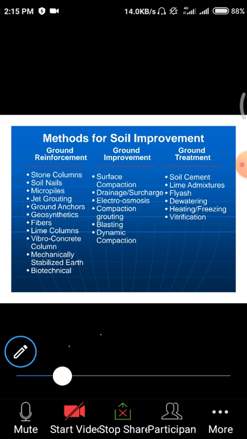Next one is jet grouting. This grouting terminology is also faced in concrete technology. Normally, grouting means a huge amount of force is applied on cement concrete paste with respect to any external object.